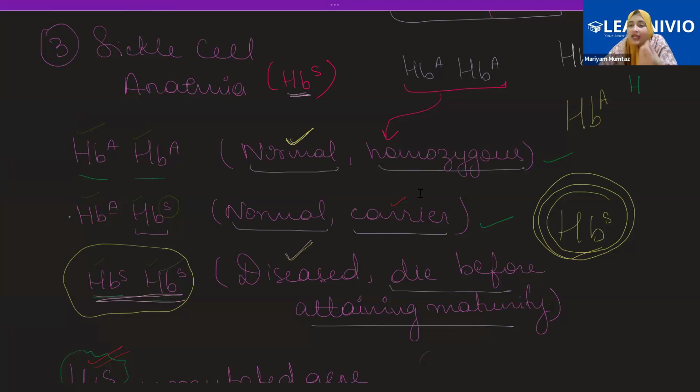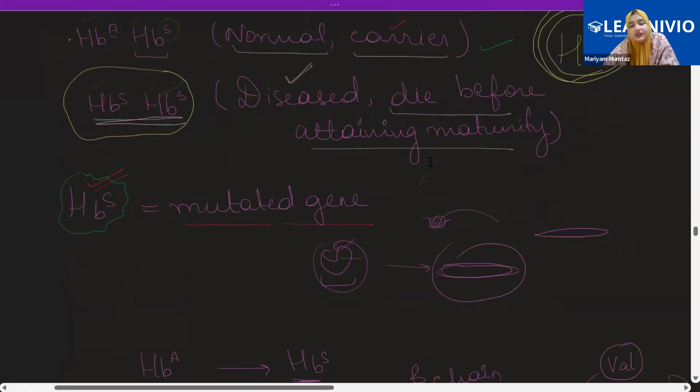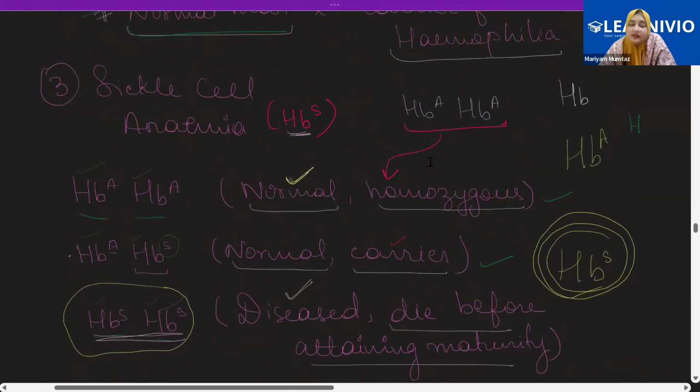So when HbA and HbS are present together, the person will be normal, but will be a carrier. Here, you can't say whether this person is a male or a female. Why? Because this is an autosomal disorder. You don't know the sex of the individual. Then there is HbS HbS, the person that has sickle cell anemia.